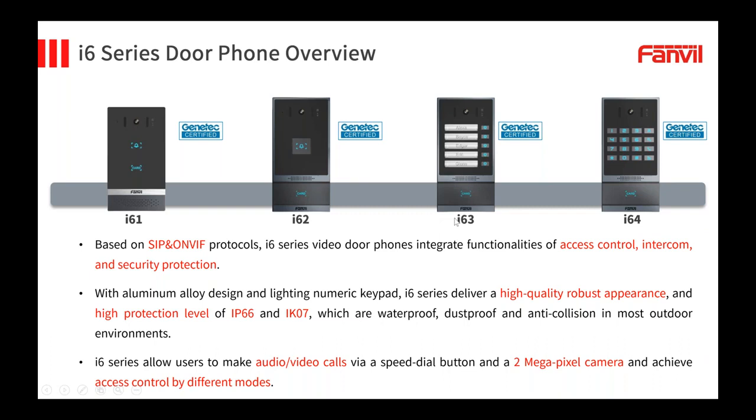And just look at the i63. It has 5 speed dial buttons. You can freely personalize it to different rooms and different contacts, to make it more flexible. You can make it a supplement to the access control solution we mentioned above.